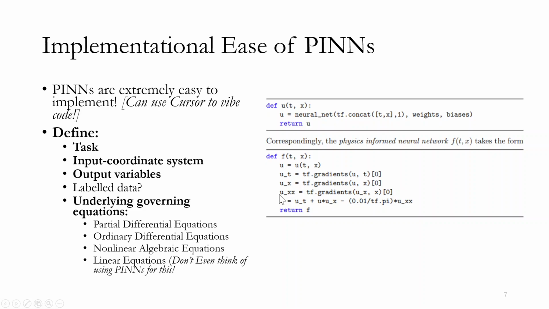Say you have this advection diffusion equation here: the first derivative in time, then this convective term u ∂u/∂x, and then the diffusion term. When it passes through this, f is basically your residual.